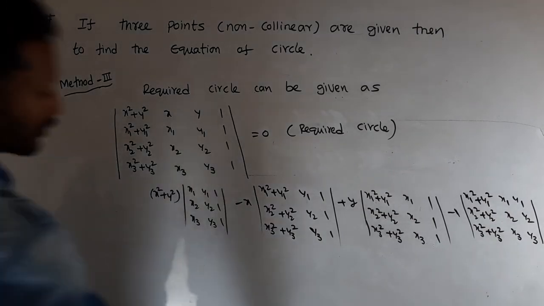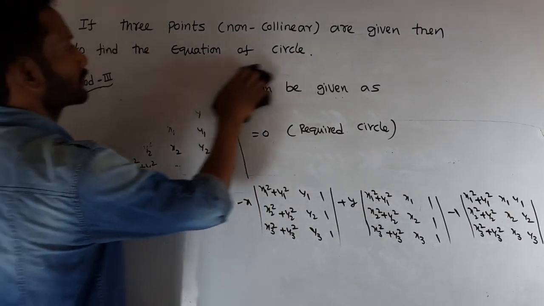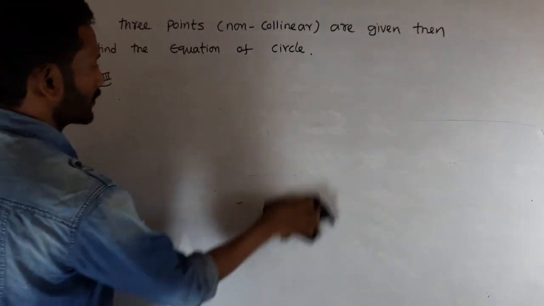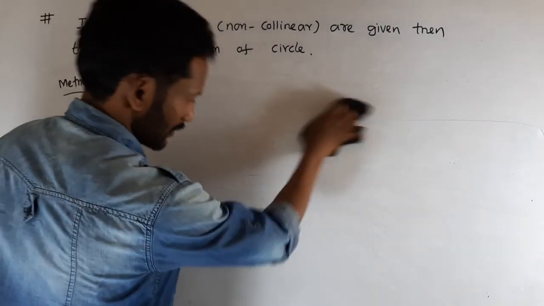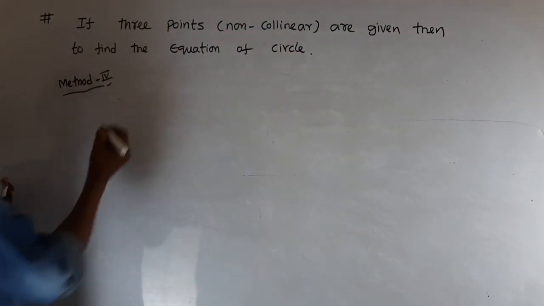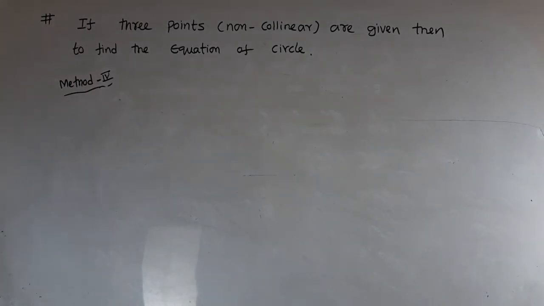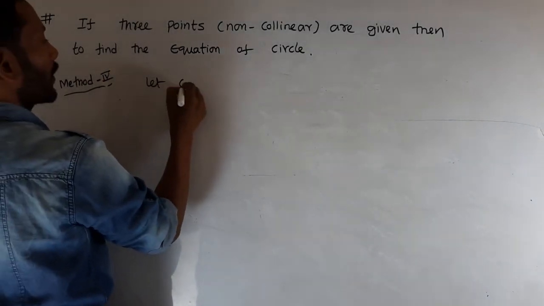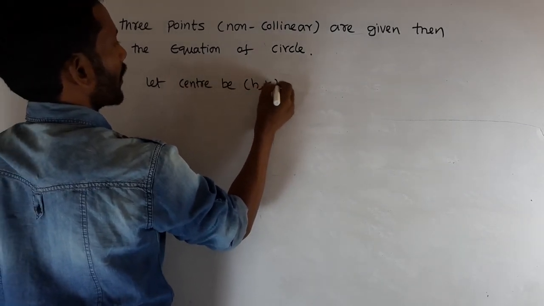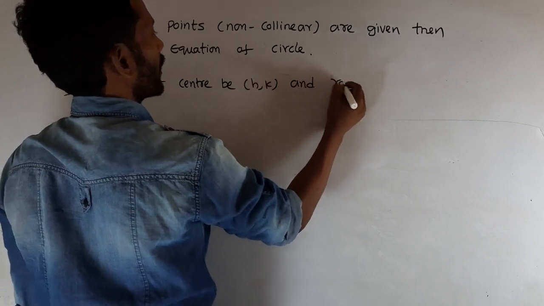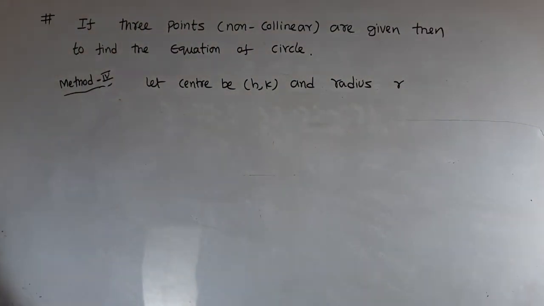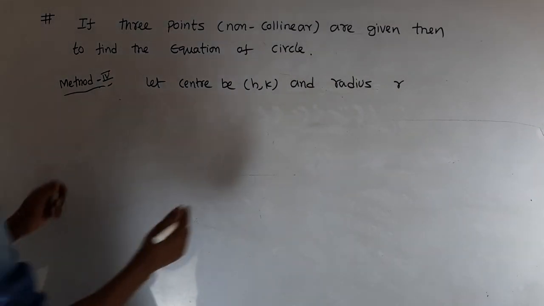Next one, method 4. Let center be h comma k and radius is r.